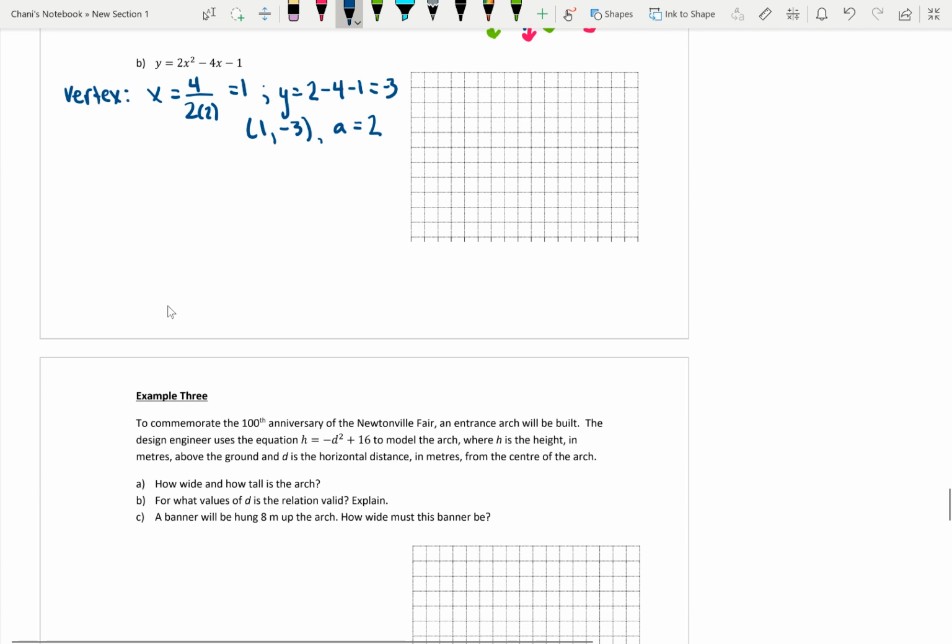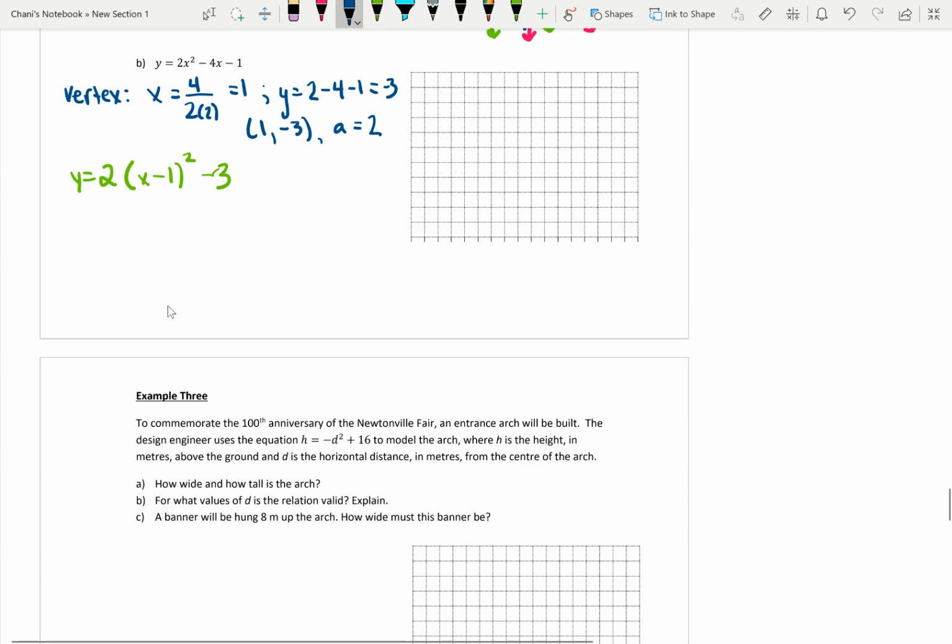So hopefully I didn't go through that too quickly, just finding the vertex, just like we did in our maxima and minima note. So now this equation in vertex form is y equals, okay, same a value, 2 bracket x minus 1, because our x value of the vertex is 1, and then subtract 3, and don't forget the squared.